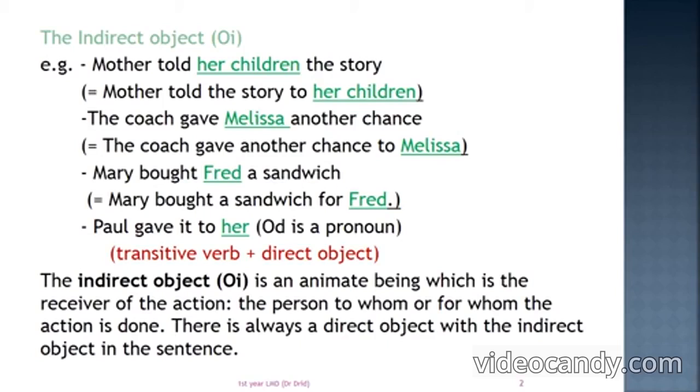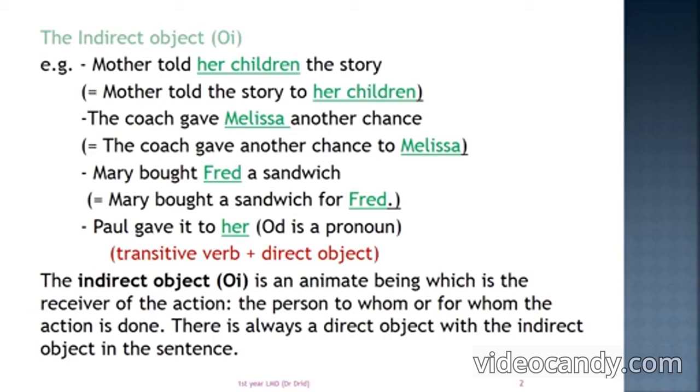We take another example. The coach gave Melissa another chance. Let's try to find the direct object and the indirect object. The direct object is the person or thing which is directly affected by the action. We can find it by asking who or what after the verb.